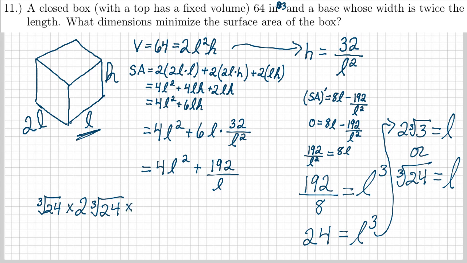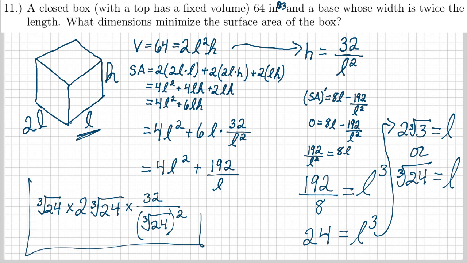And then by h, which we get by plugging this guy into our equation for h here. So by 32 over the cube root of 24 squared. Final answer.